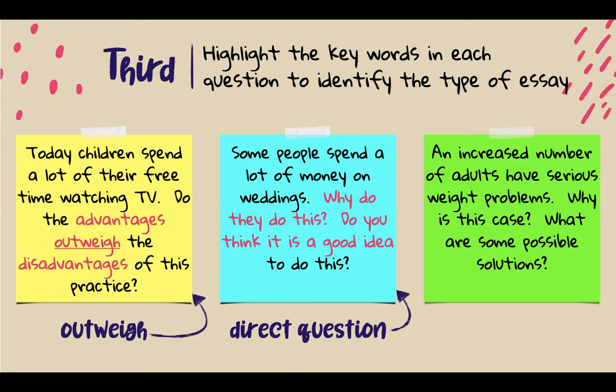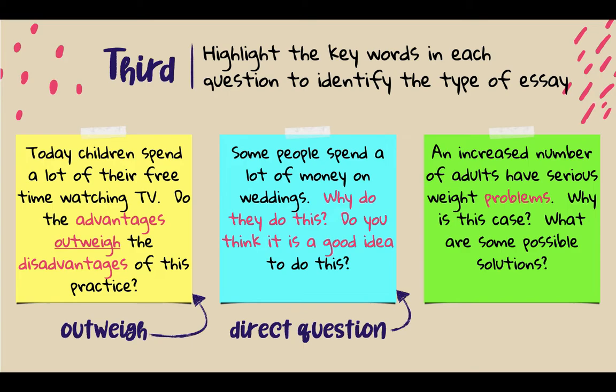And finally, the third question. An increased number of adults have serious weight problems. Why is this the case? What are some possible solutions? If we are just reading this question quickly, our eyes might catch the word problem. So we might automatically assume that we are writing a problem and solution essay.